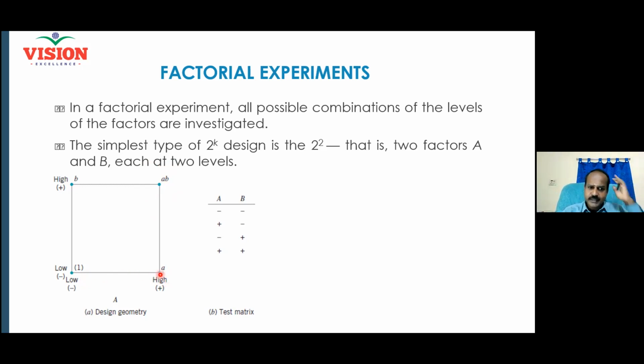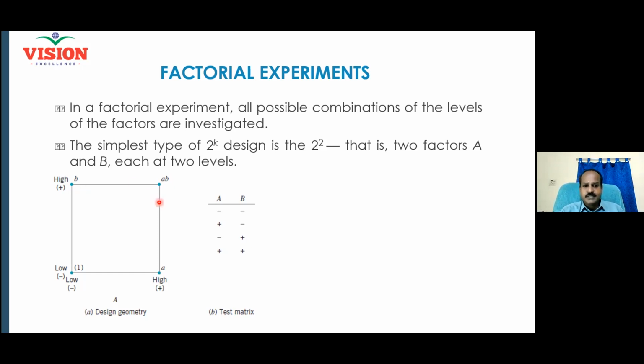A is high, but B is low, so I will use the symbol A. And at this point B is high but A is low, so the symbol is B. When I say B, it means B is high, A is low. When I say A, it means A is high, B is low. When I say AB, both are high. When I say 1, both are low. Are all of you comfortable with the terminology?